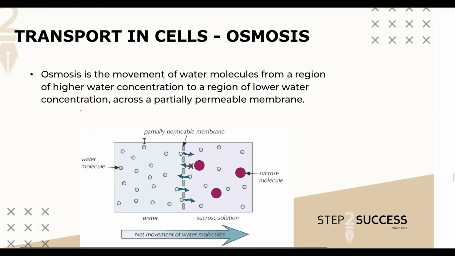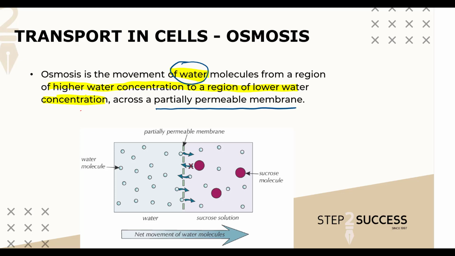We now move on to talking about osmosis. Osmosis is very similar to diffusion in the sense that it is the movement of particles from a high to a low concentration. However, osmosis is specifically for water. Only water molecules moving from a high to a low concentration, and the definition also specifies across a partially permeable membrane.